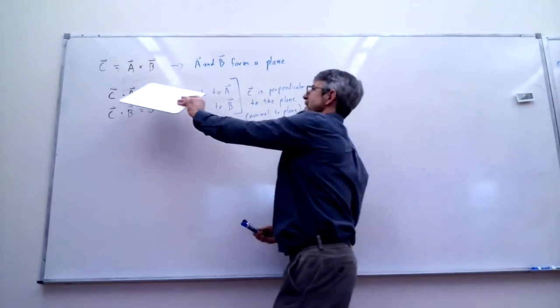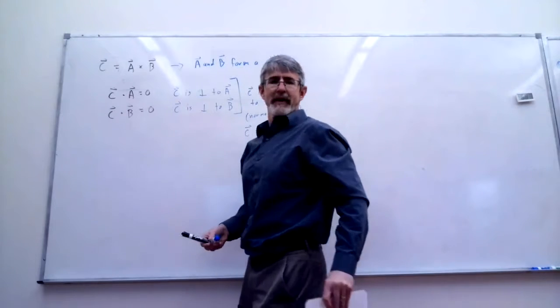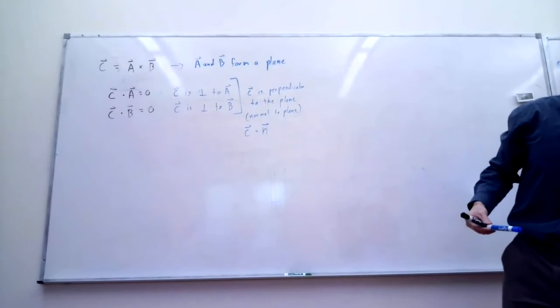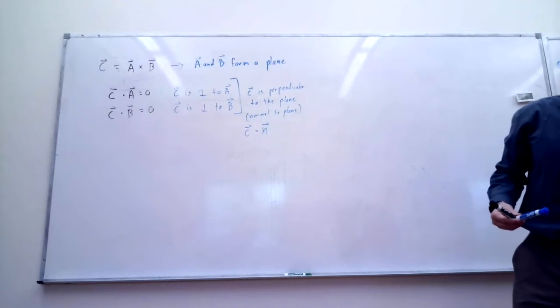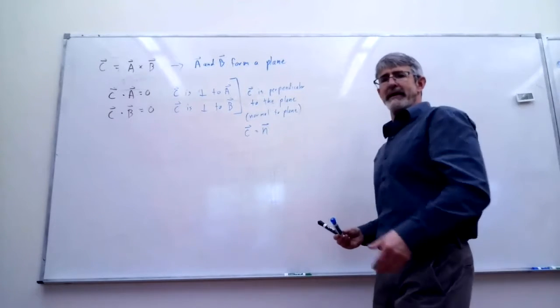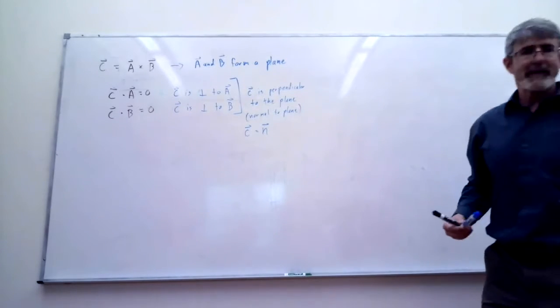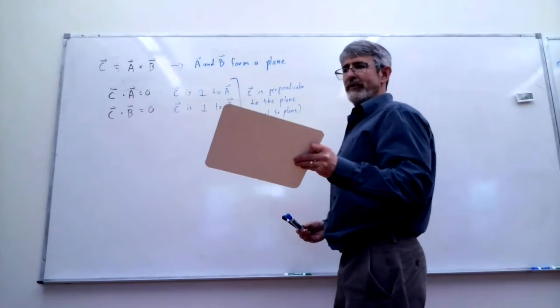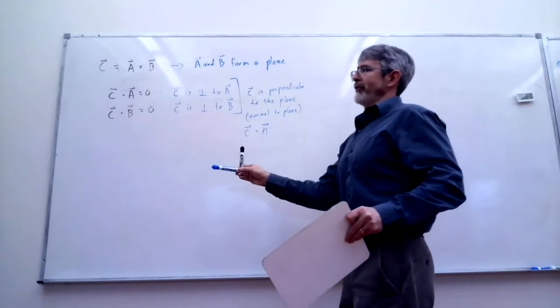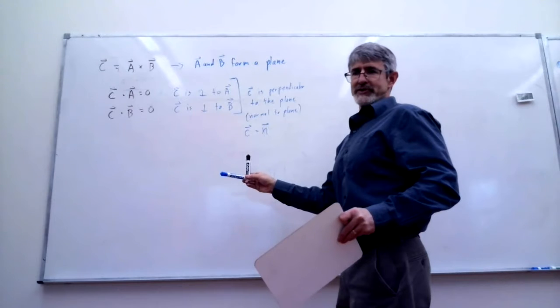Right? So as soon as I'm given an A and a B, I have defined a plane. Certainly, I haven't necessarily given a point on the plane, but I've defined a direction of the plane.